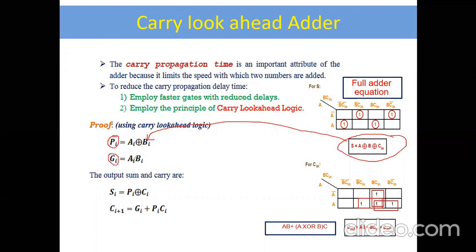Here again A and B are Ai and Bi, and this is denoted as Gi, carry generate. We are making this assumption in order to overcome the disadvantage present in the 4-bit parallel adder. Now this assumption is going to be substituted in the equation for the sum of the full adder as well as the carry of the full adder.